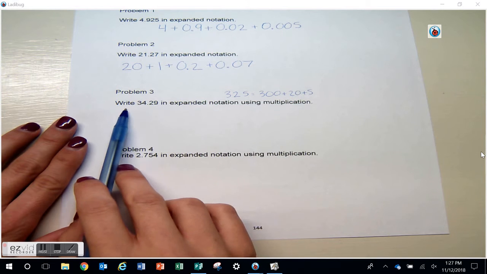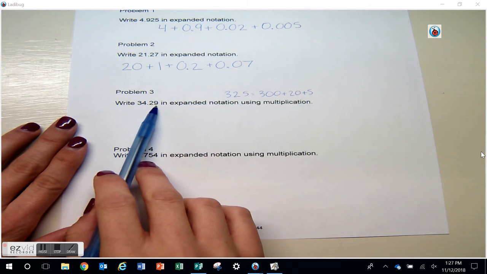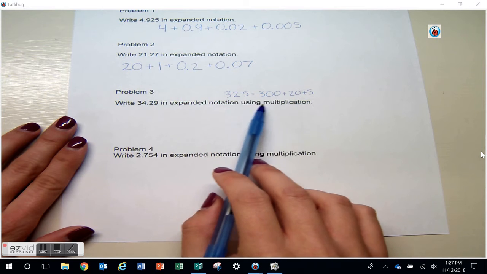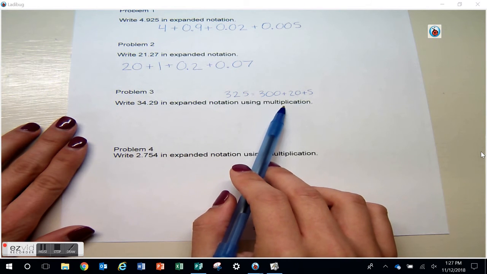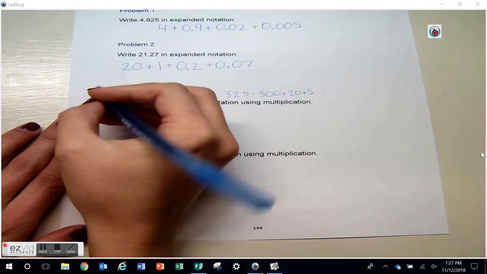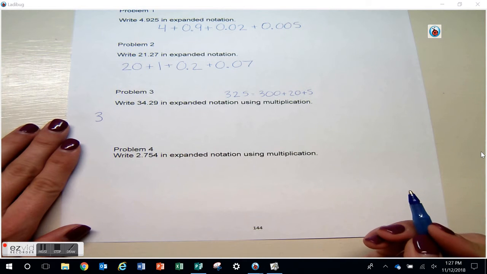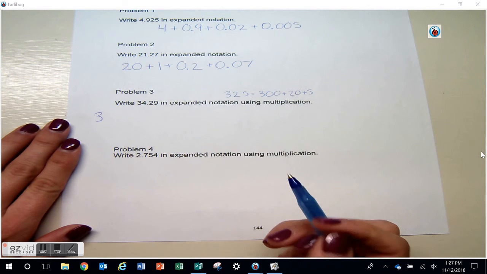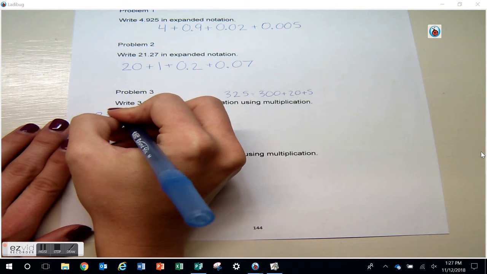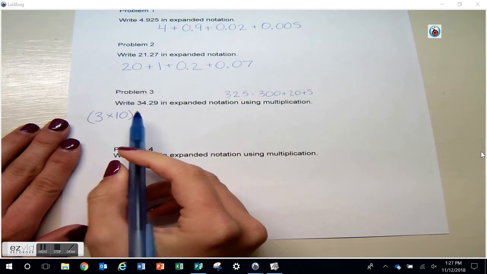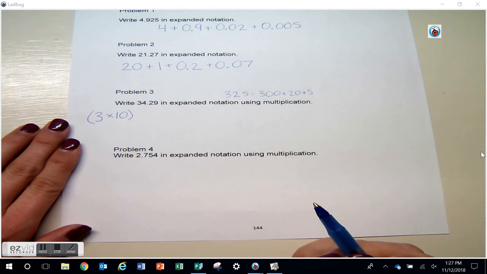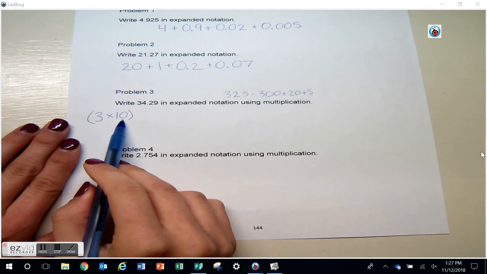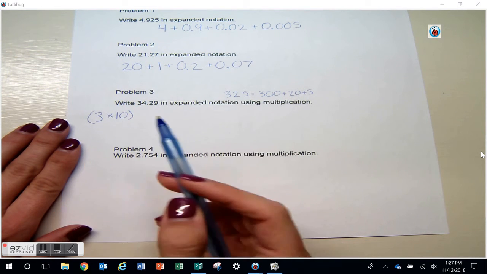So we're going to write 34 and 29 hundredths in expanded notation, this time incorporating some multiplication. So I'm going to write this 3 down. That 3 is in which place value? That 3 is in the tens place. If I were to write this like I had those above, I would have written 30. Well, what is 3 times 10? 3 times 10 is 30.